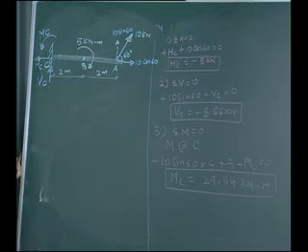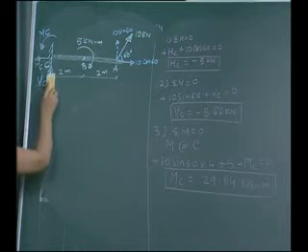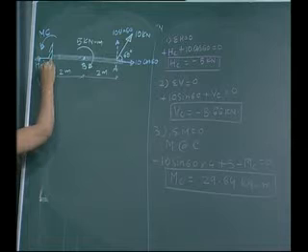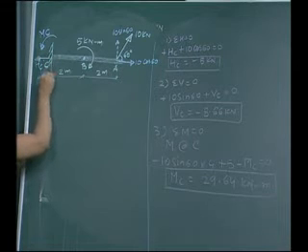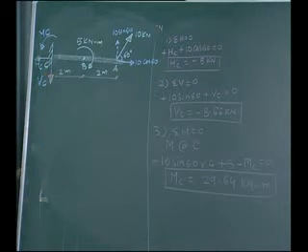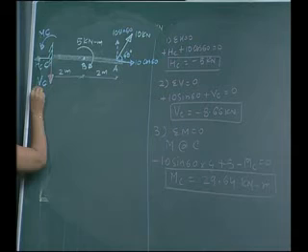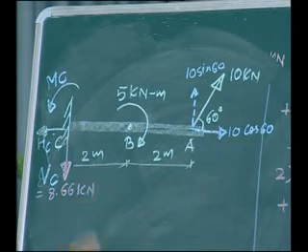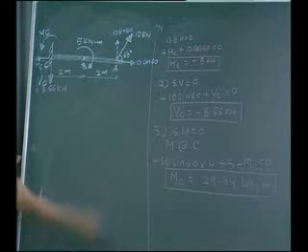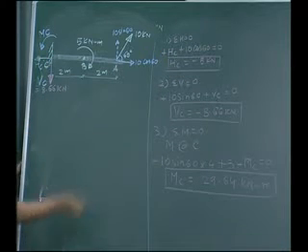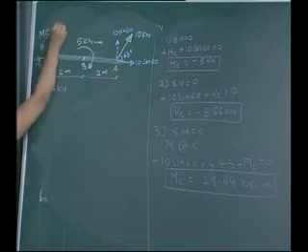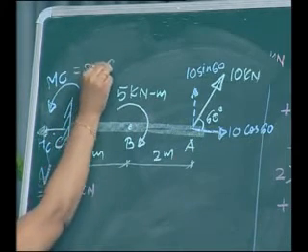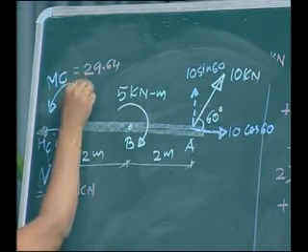Similarly, Vc is negative, so our assumed direction of Vc is also wrong and it will act in vertical downward direction. So downward direction Vc we will show and write down as 8.66 kilonewtons. And the third is moment Mc. So Mc obtained is positive, so we don't have to change the sign, 29.64 kilonewton meters.